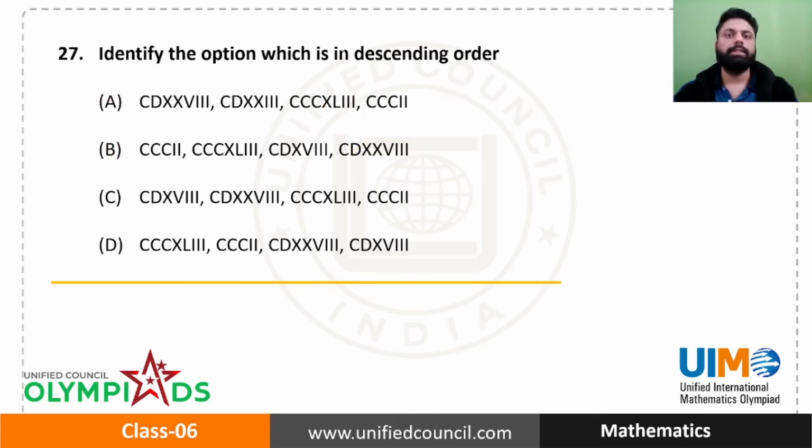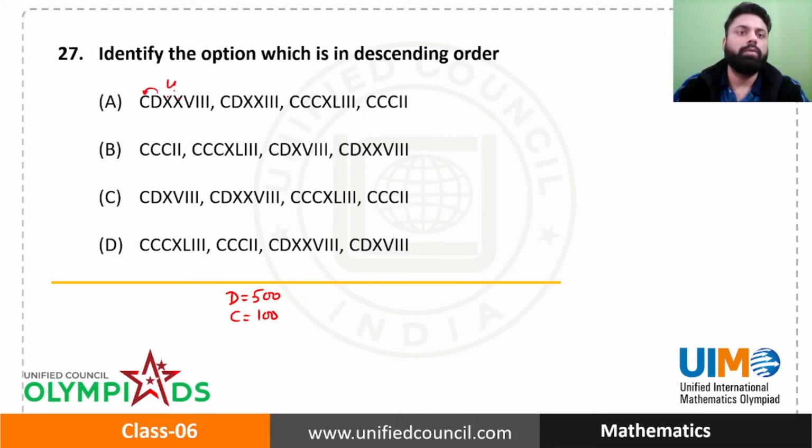Identify the option which is in the descending order. So see, when we talk about the descending order, first of all we should know the values. We know that D is equal to 500, C is equal to 100. So this is 500 minus 100, 400 plus 28.